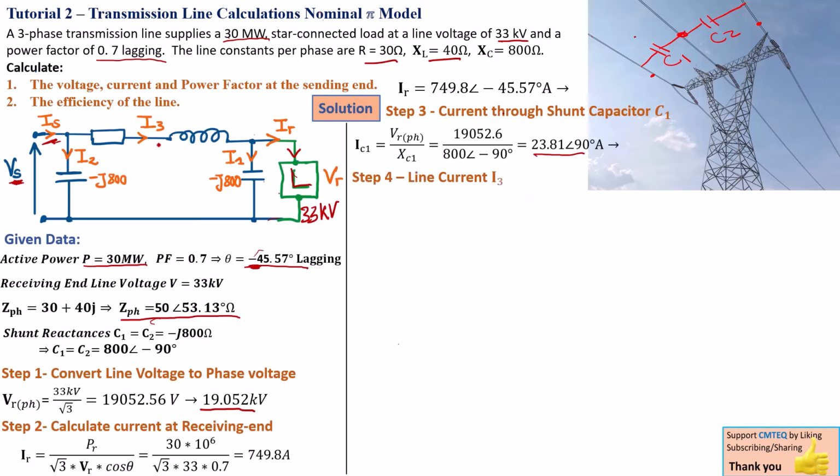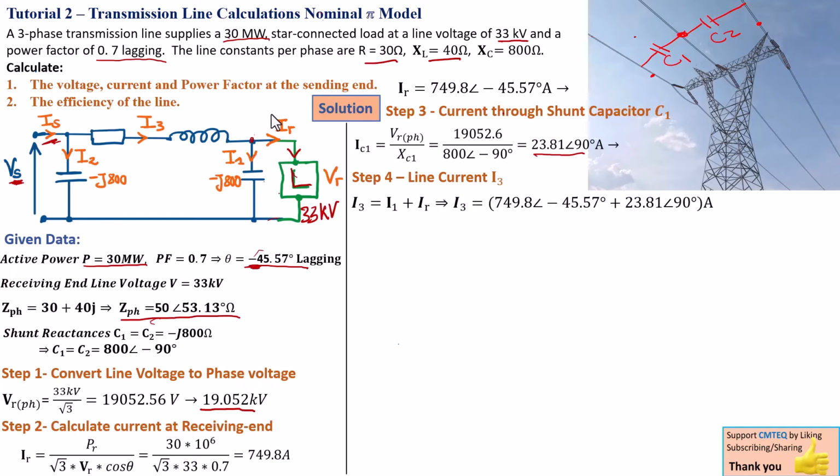We now need to find I3, the current through the series impedance, basically the transmission line current. This becomes very simple. We're going to apply Kirchhoff's current law here. The sum of currents leaving the node is equal to the current entering the node. I3 is entering this node, while I1 and IR are leaving the node.